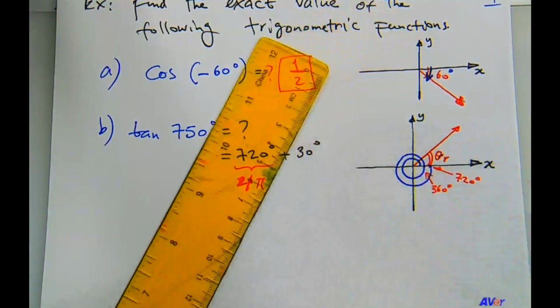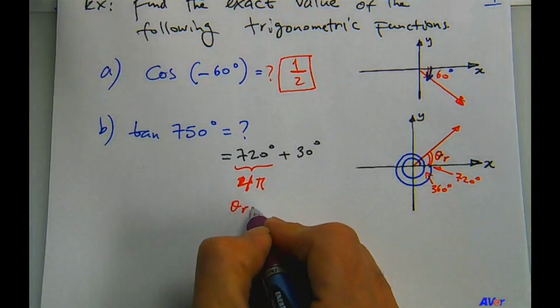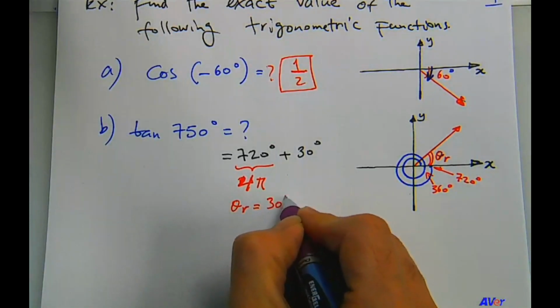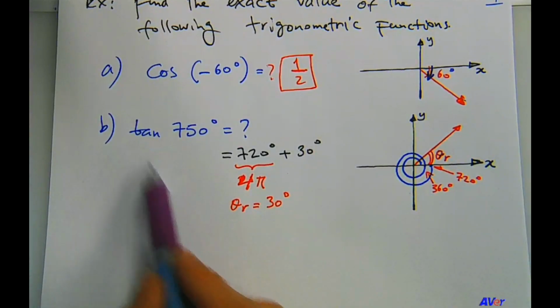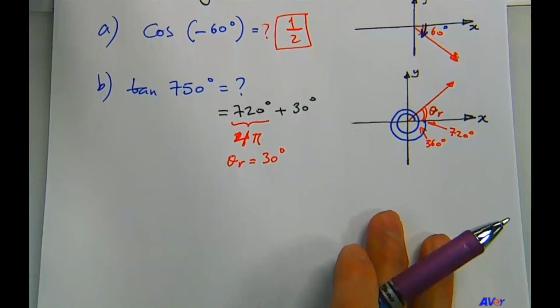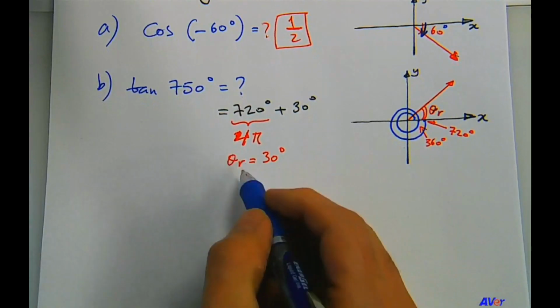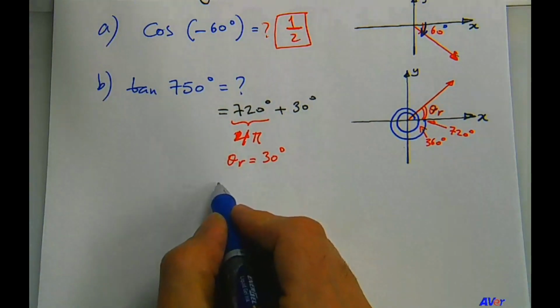So that's the terminal side, and therefore theta r is going to be equal to 30 degrees. It's the first quadrant, so the tangent of 30 degrees, we can look it up in the special table of values, but let's derive it.